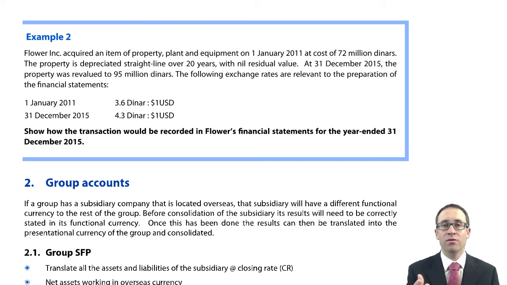And the issue that we've got now is that that non-monetary item is subject to the revaluation model, okay? And therefore, we will need to identify the fair value at the end of the year. And when we've identified the fair value, we need to do some form of translation, be able to work out the gains or losses. So let's just have a look what we're on about exactly with regards to the example, okay? It's a little bit more tricky.